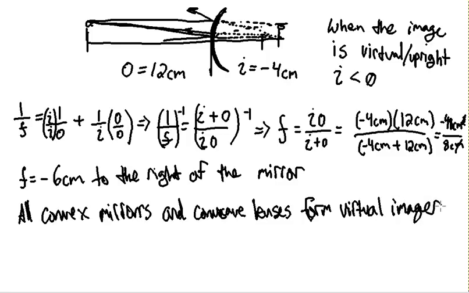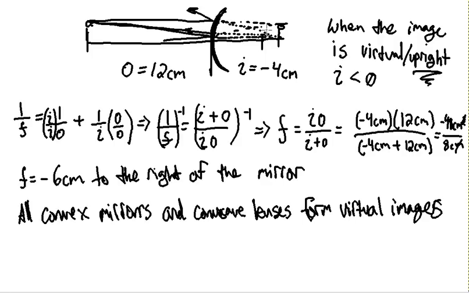And those virtual images are always upright as well. So, convex mirrors and concave lenses always form images where it appears as if the light is coming from a specific point.